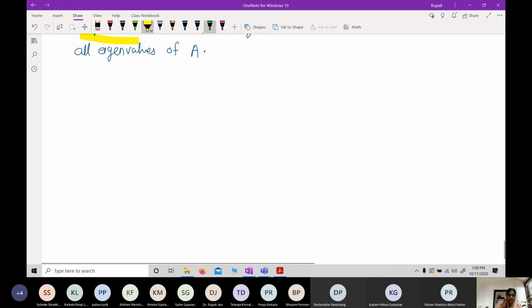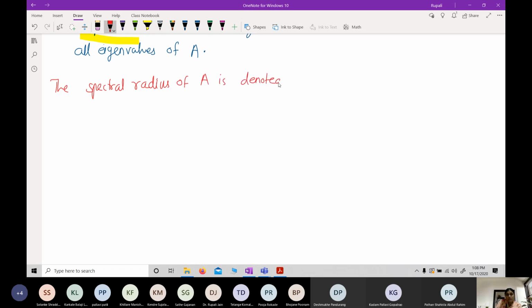The spectral radius of A is denoted by R of A and is given by R of A equal to the maximum of mod lambda, where lambda is an eigenvalue, lambda belongs to the spectrum sigma of A. That is, consider all eigenvalues of A, take the modulus, and take the maximum of that.